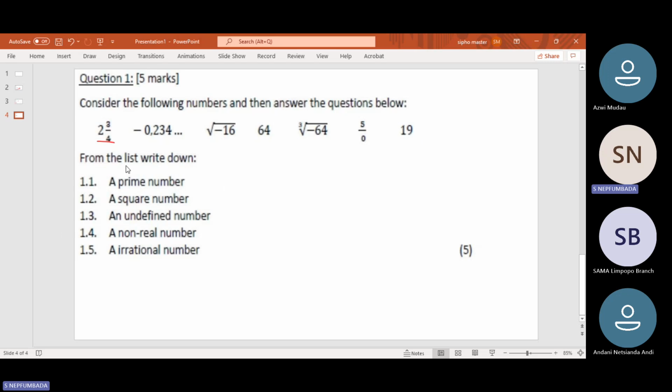The question says from the list write down a prime number. What do you understand by the prime number?